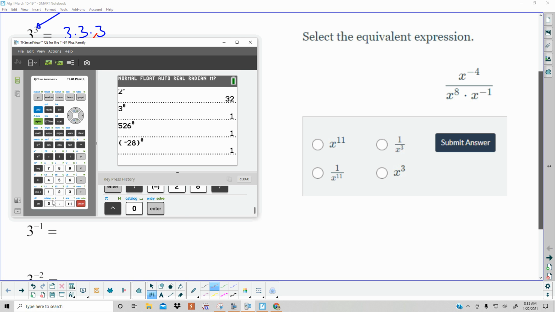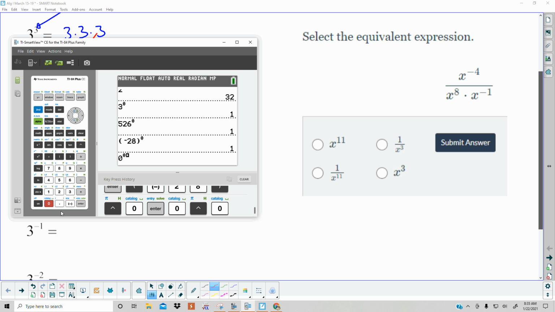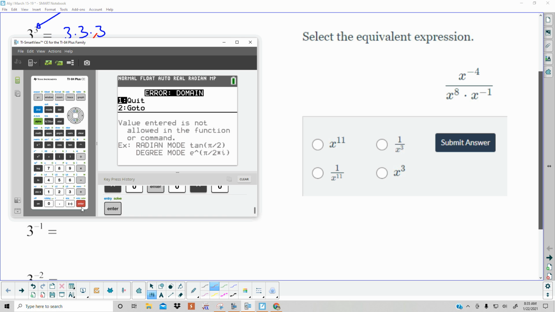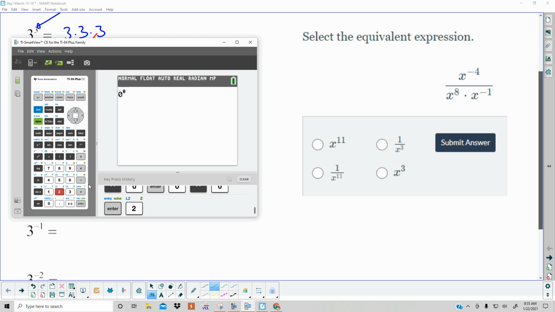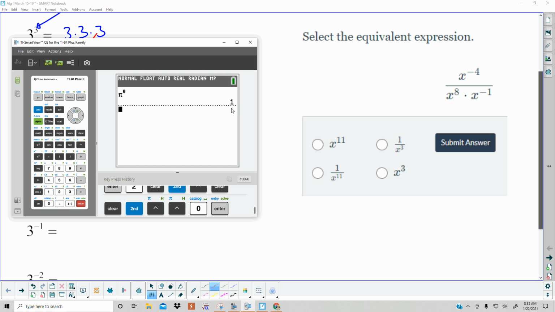Now there is one exception. I'm whispering it. Okay? Shh. There's one exception. 0 to the 0, it blows up. Okay? So anything to the 0 power except, whoops, I got it the other way around. Anything to the 0 power except 0 is 1.